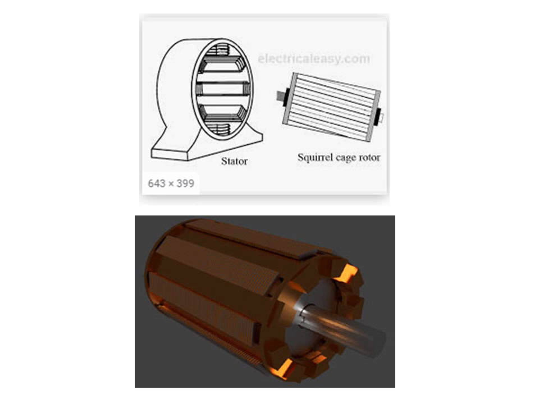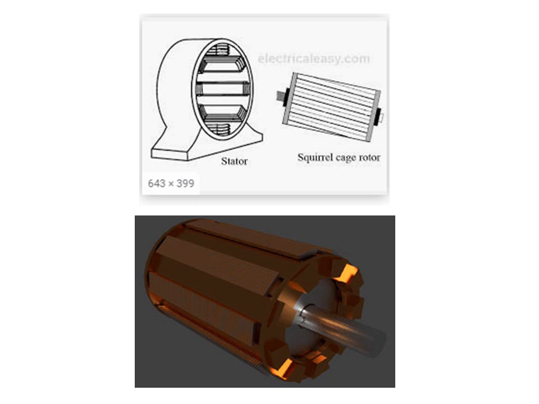You can observe in the second diagram below that in the slots on the outer periphery of the cylindrical structure, there are many rods. On the periphery, the slots are made.